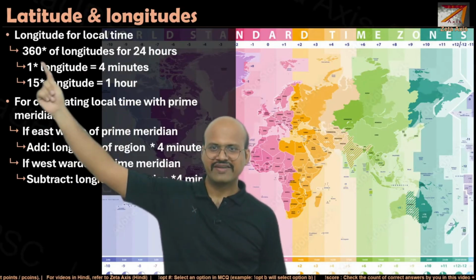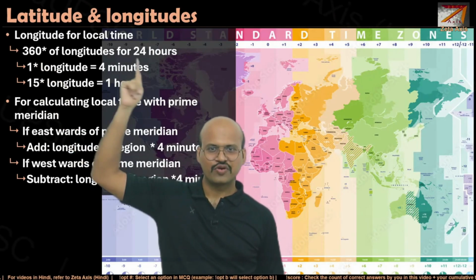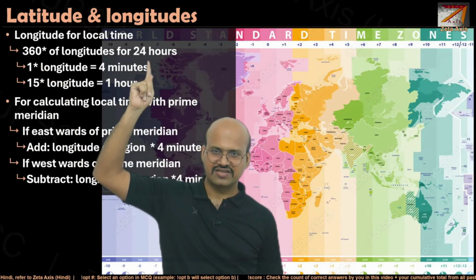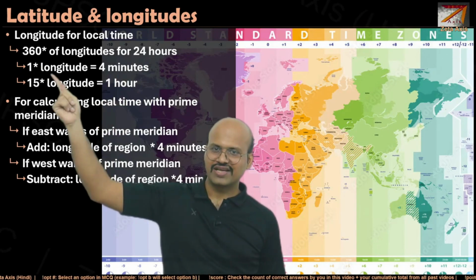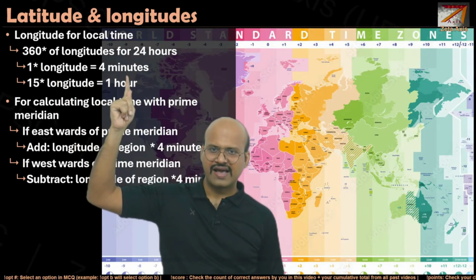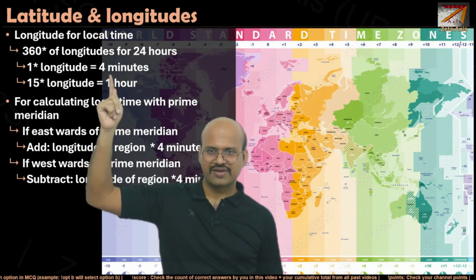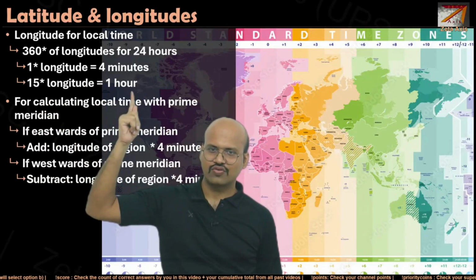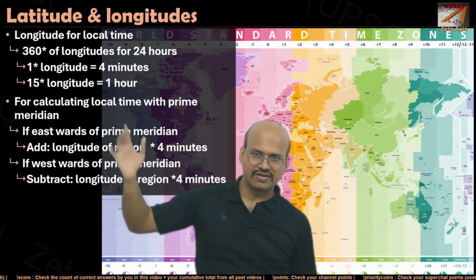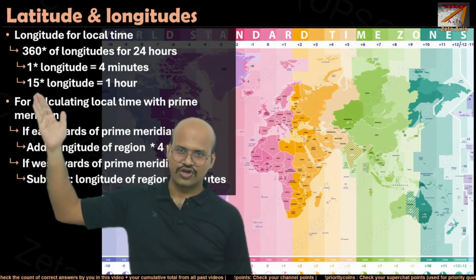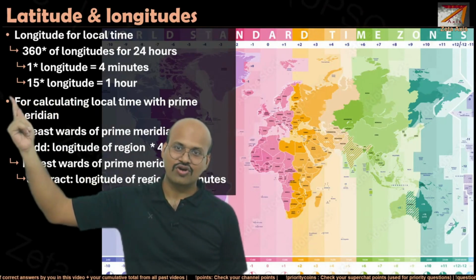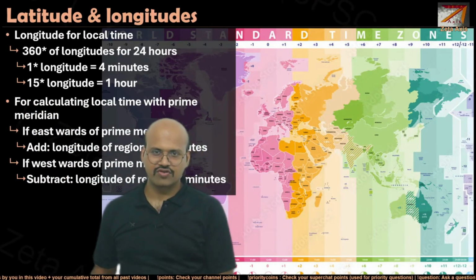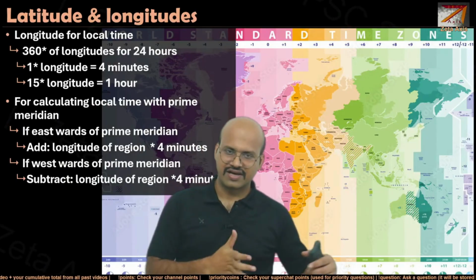If you divide 360 by 24 hours and each hour having 60 minutes, you will get 1 degree longitude equal to 4 minutes. And if you multiply this by 15 on both sides, then you will have 15 degree longitude equal to 1 hour. So if you are on a map and you cross 15 degree longitude, you know that you have moved 1 hour either ahead or backwards.